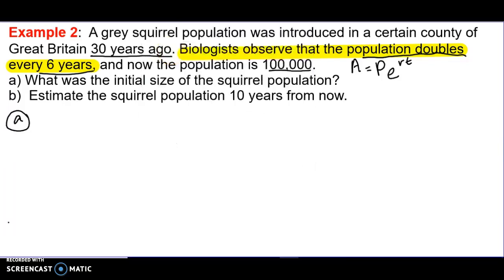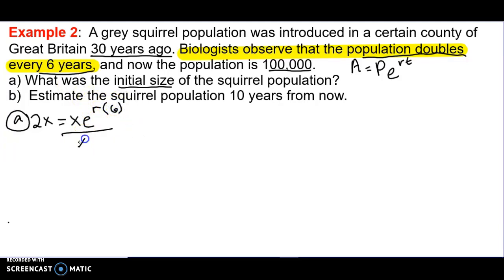So for our rate, let's set up the equation. Well, we don't necessarily know our initial size, because in part A it wants us to find the initial size. So we can say that the initial size is X, which means if the population doubles every 6 years, the population will be 2 times as much as our initial. 2X equals X times e, our rate we don't know, we're going to find that, times the amount of years, it doubles every 6 years.